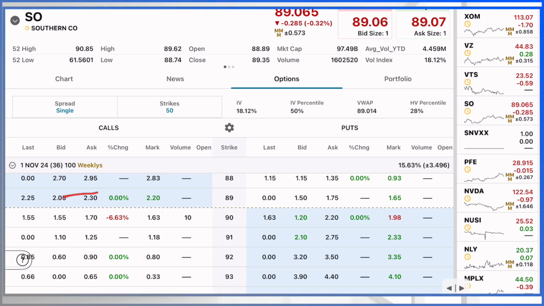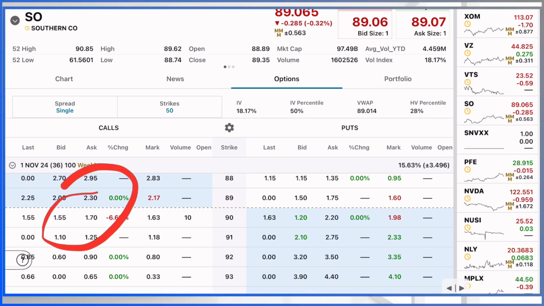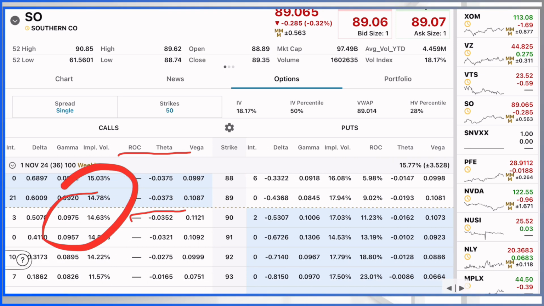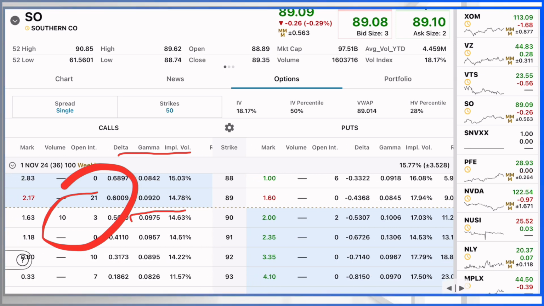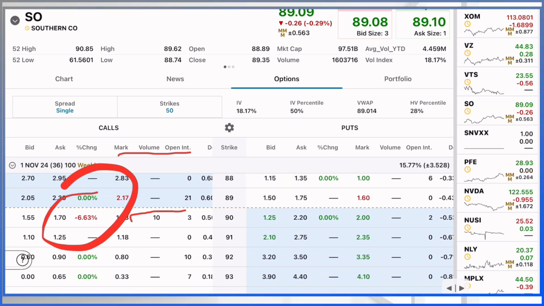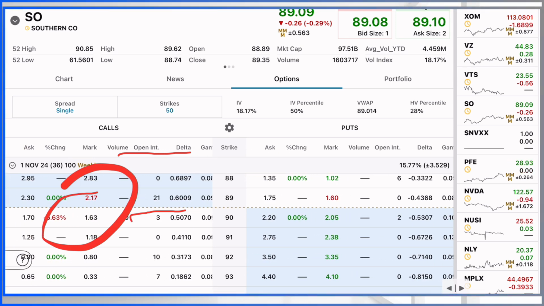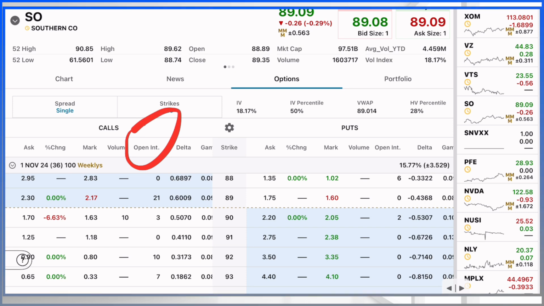So that's what I'm looking at. It's a pretty big spread. Open interest is, where is open interest? Implied volatility. These are all of the things I would look at before I trade, but I'm just looking at open interest right now. Open interest is telling me how many contracts we have.